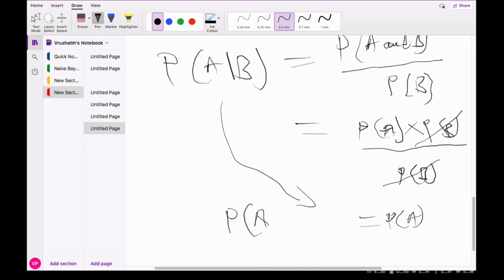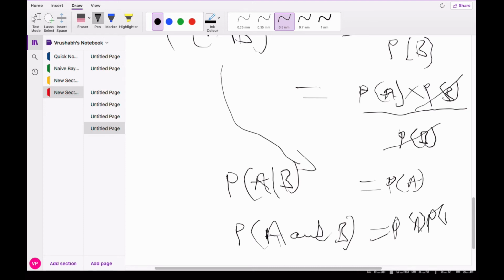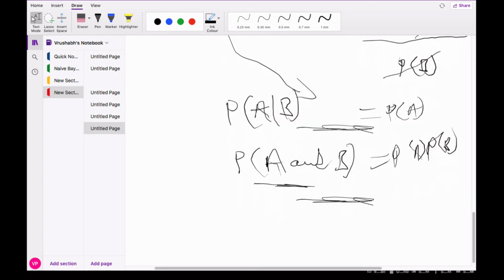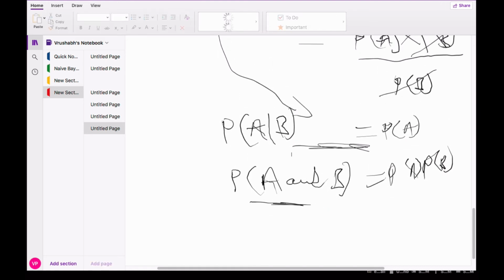That is probability of A, given that B has already happened, and it's equal to, just the same thing as what we did, probability of A and B, which is equal to the probability of A and then the probability of B. So this one is one way of expressing an independent event, and this is another way of expressing an independent event. Both of them work fine when you want to consider an independent event.